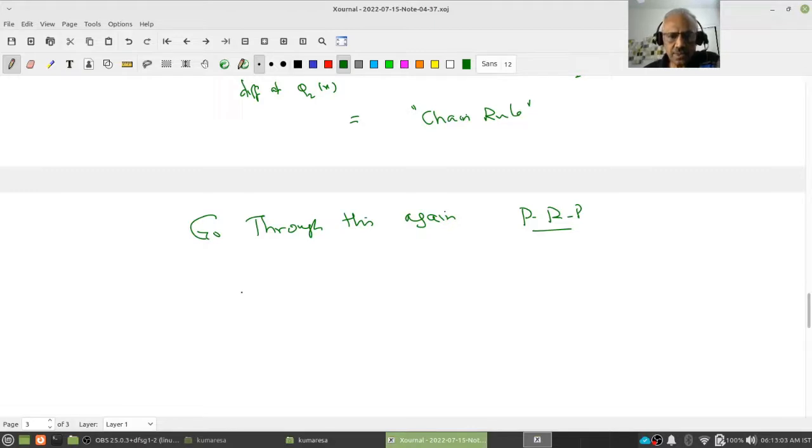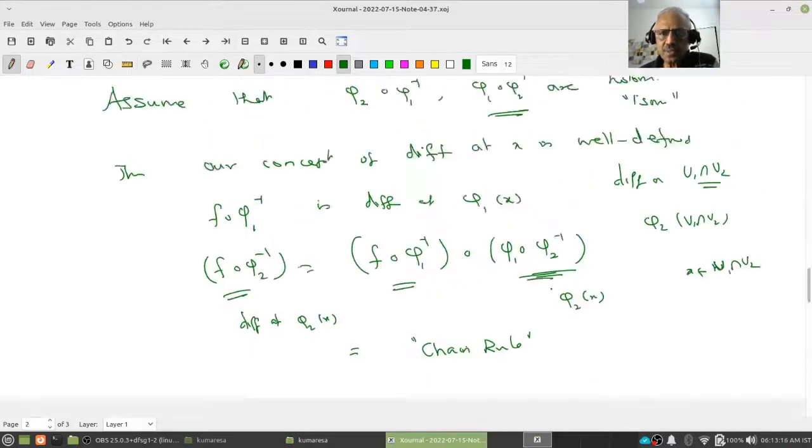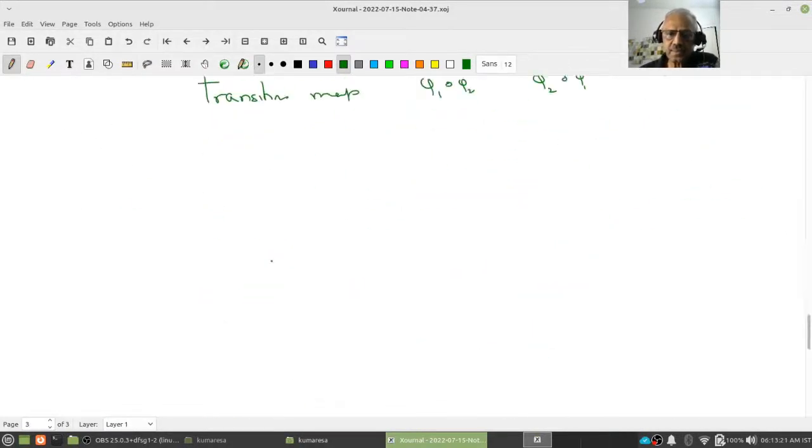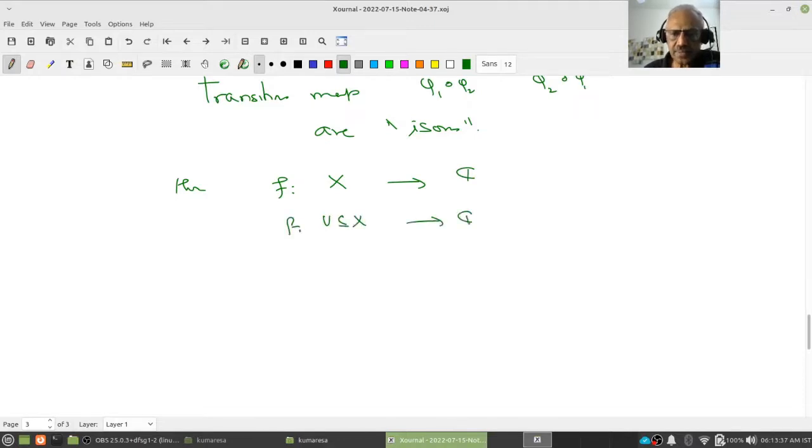So if this map is called the transition map, that is phi 1 composite phi 2 inverse or phi 2 composite phi 1 inverse, that is, I transit from here to here. So if they are isomorphisms, then we can define a function f from x to c, or an open set u in x to c, when it is holomorphic on u.